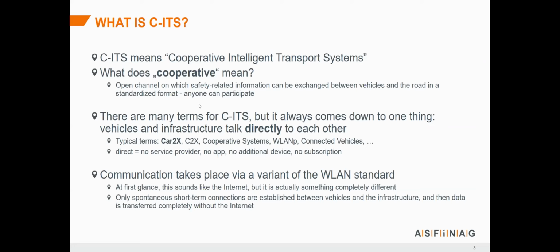The second important part is that it is a direct communication path. So especially when you're communicating directly via the roadside units, you don't have any back end of any cloud operator, or maybe cloud of a vehicle operator, in between. It's a direct link to whom you're talking, a direct link between the vehicles also. And this is what makes it very fast.